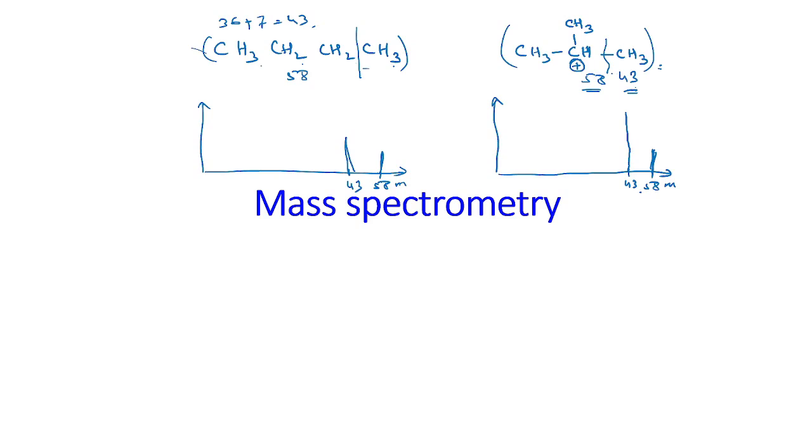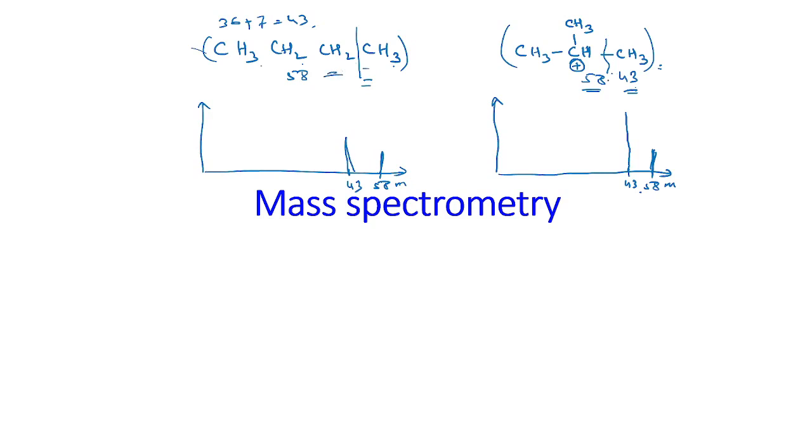The second one will be higher because just a few moments back I told you about the secondary carbocations: when you are fragmenting the molecules, you will be getting a larger number of fragments where the secondary carbocations are concerned. Here, if you slice off one of the methyl groups, you are getting a primary carbocation.